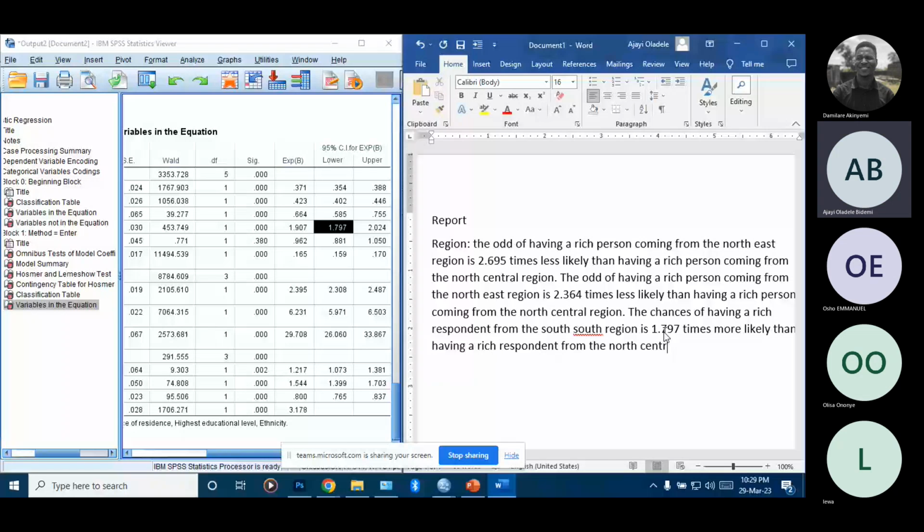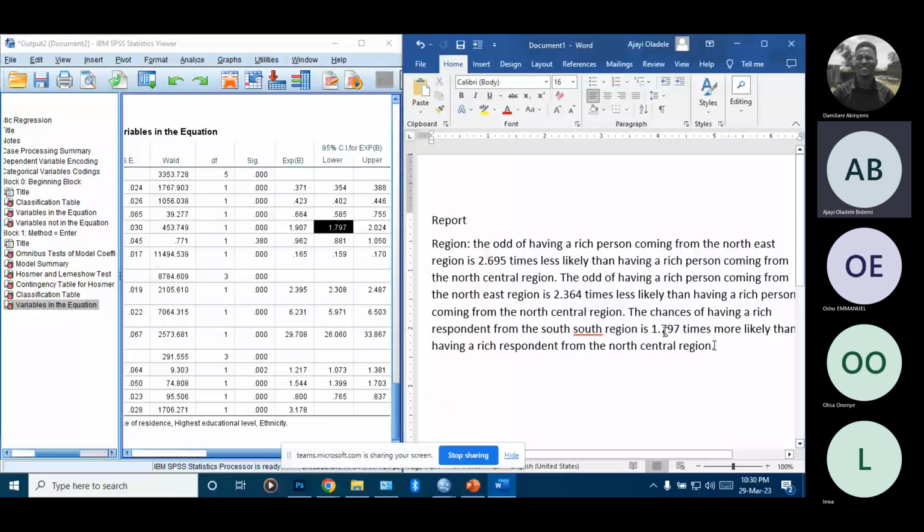Okay, so whenever the odds ratio is greater than 1, we'll be saying times more likely. But whenever it is less than 1, we use 1 to divide the odds ratio, and it will be less likely. So that's how you go about it till you finish region.